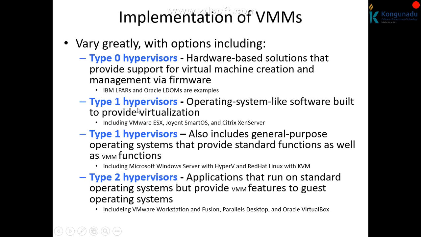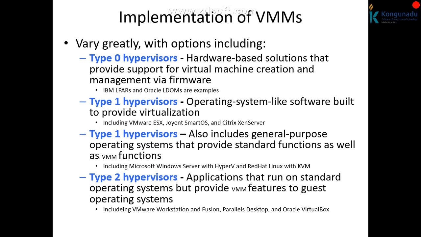Next, type 1 hypervisors are operating-system-like software built to provide virtualization. They include VMware ESX, Joyent SmartOS, and Citrix XenServer. Type 1 hypervisors also include general purpose operating systems that provide standard functions as well as virtual machine monitor functions, such as Microsoft Windows Server with Hyper-V and Red Hat Linux with KVM.